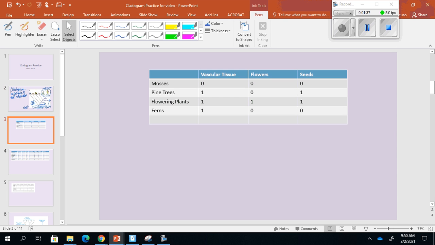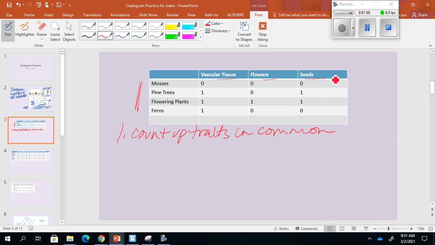All right, so I'm going to show you how to create a cladogram. So the first little trick is that you want to count up the traits in common. So what I mean by that, here are my organisms and here are my traits.